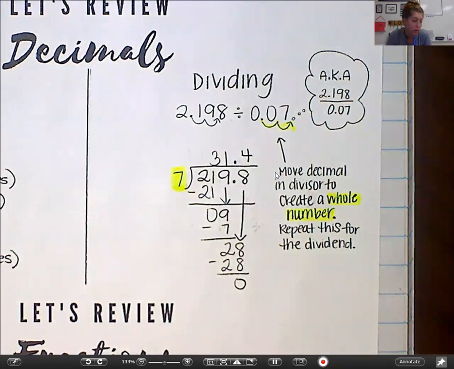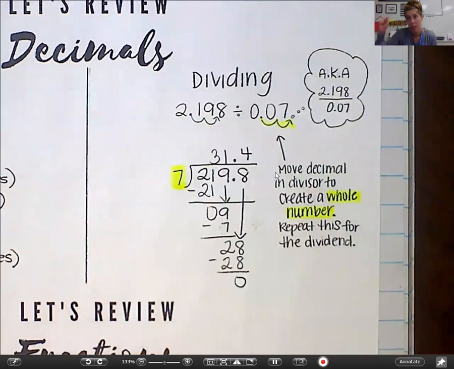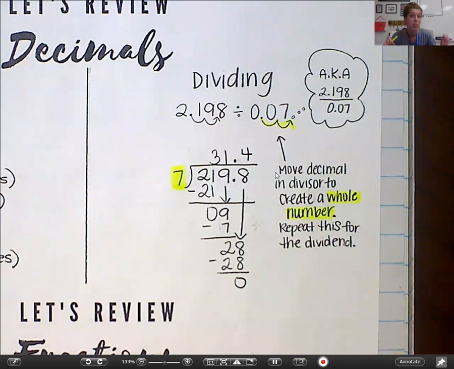Once you do that movement, we need to make sure to repeat this for the dividend, right? If I move it once, I move it once there. If I move it 5 times, which I would never do to you guys when we do this by hand, that would be just ridiculous. But if I've moved it 5 times on the outside, I move it 5 times on the inside.